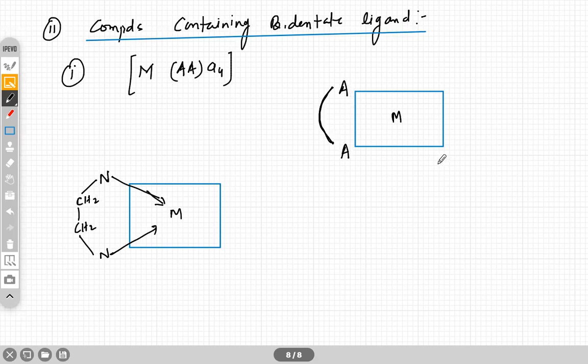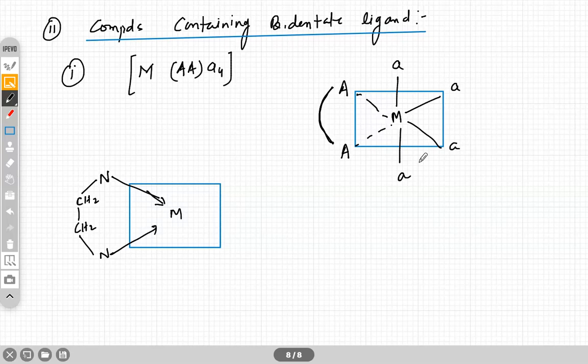Always keep that in mind. For a bidentate ligand, the positions occupied by the donor atoms are always at 90 degrees. So this is the position of the bidentate ligand, and all the A's are present like this. Understood?